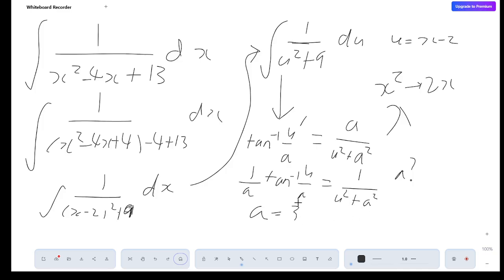So now that we've found that, and we have u equals x minus 2, all we need to do is sub these into whatever the primitive was. So, simply, we will clear the whiteboard, but I hope you know that a equals 3 and u equals x minus 2.